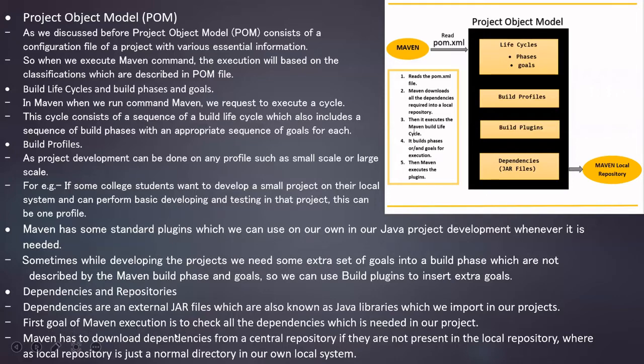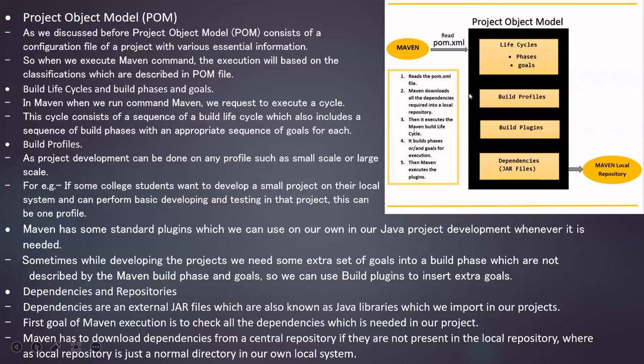So what is the first goal? The first goal of a Maven execution is to check the dependencies which are needed in our project. Then Maven has to download dependencies from a central repository if they are not present in the local repository, whereas a local repository is just a normal directory on our own local system. Okay.